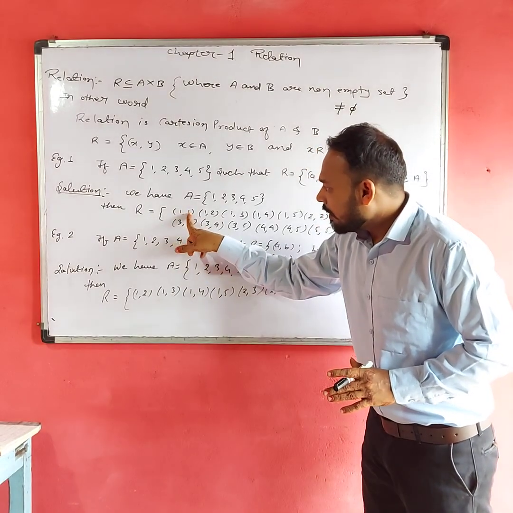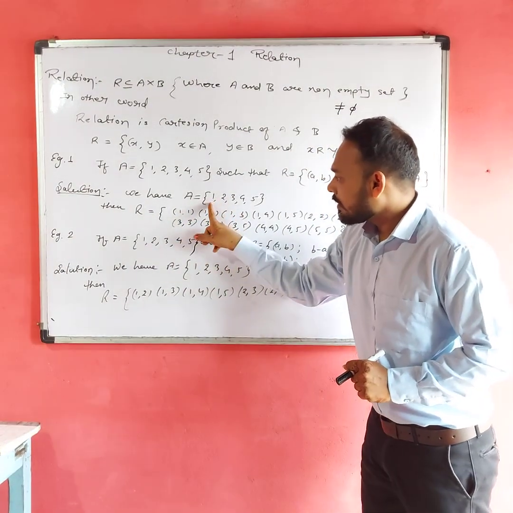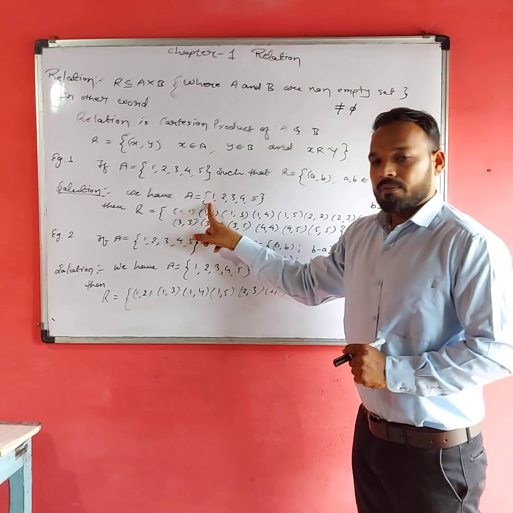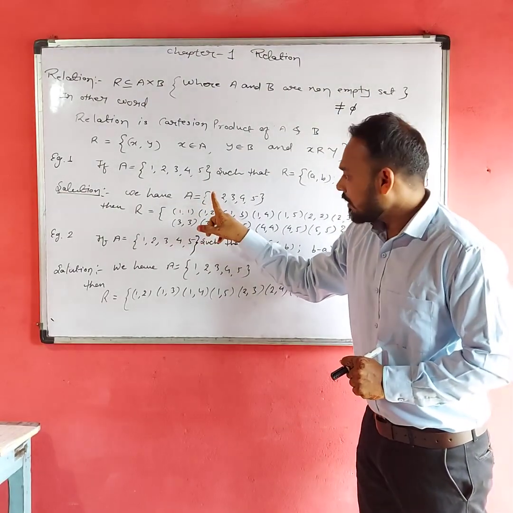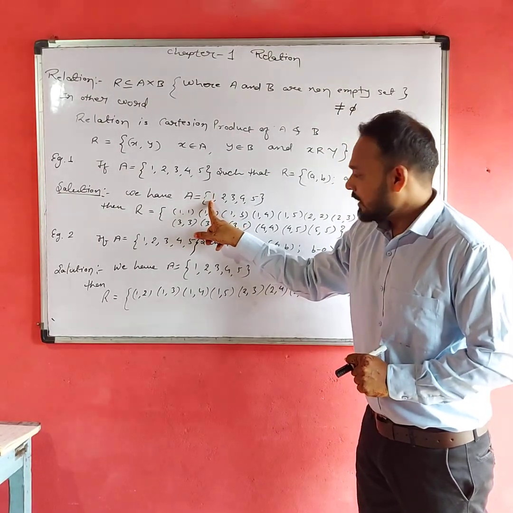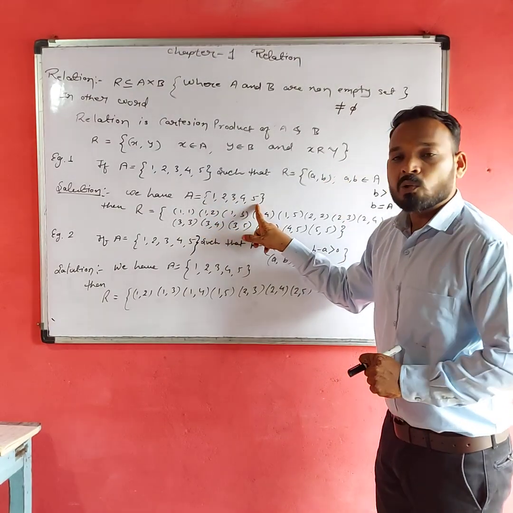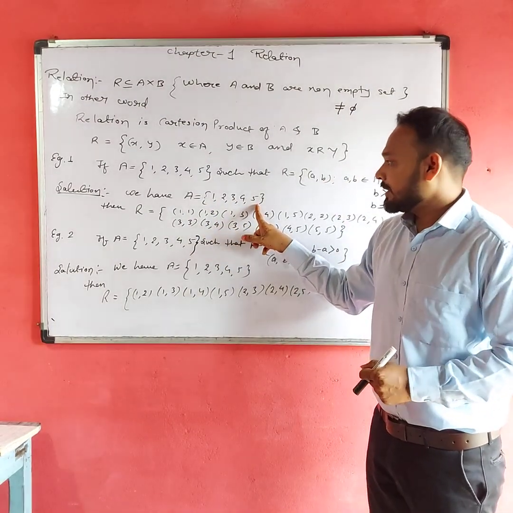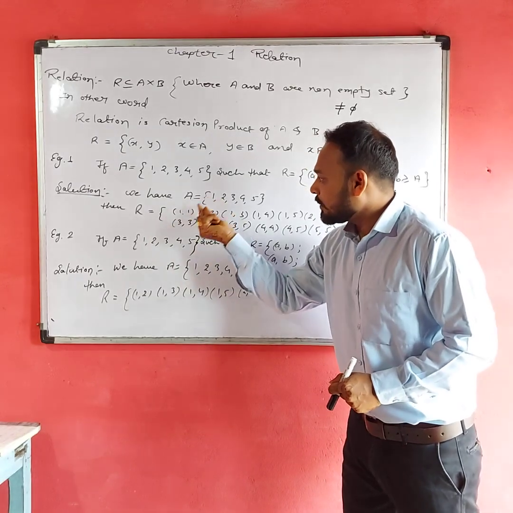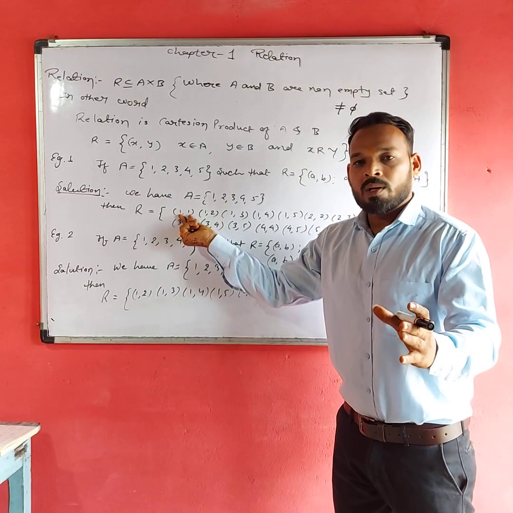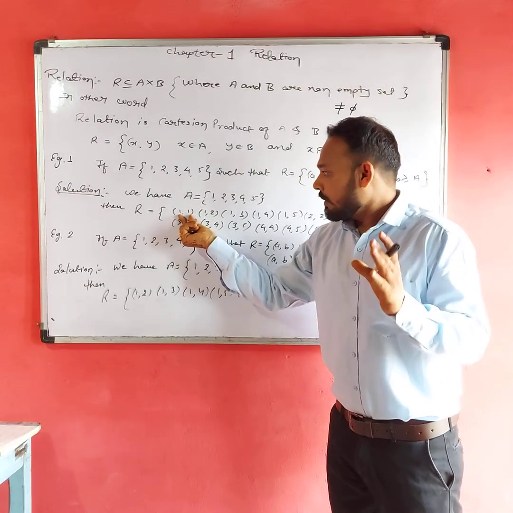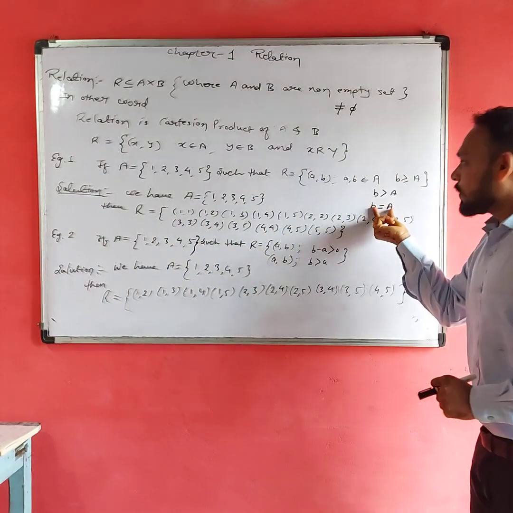Firstly, we take the first element and it is related to every element. Means first element 1, so (1, 1) we can write. Why? Because b is equal to a.